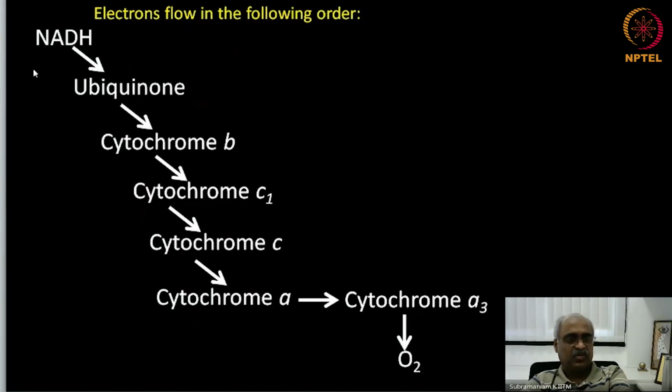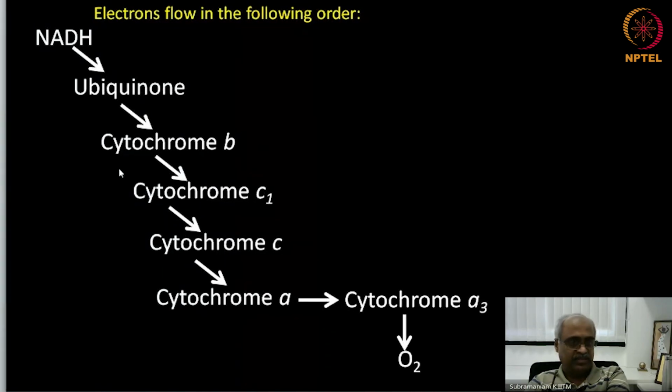So the electrons flow from NADH to ubiquinone. This is complex 1, where this happens, NADH ubiquinone oxidoreductase. And from there, by complex 3. Okay, complex 2 I will tell you separately. Complex 3 transfers electrons from ubiquinone to cytochrome C via these intermediates.